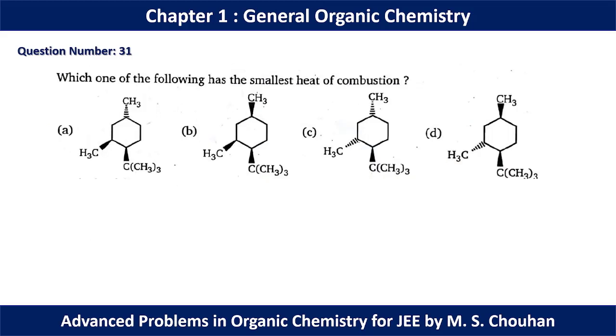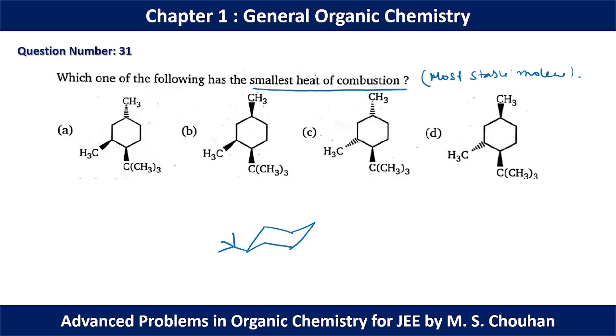For question number 31, which one of the following has the smallest heat of combustion? Okay, so the smallest heat of combustion implies the most stable molecule. If we go for conformational isomerism, we have already discussed in class that the tertiary butyl group should be placed at the equatorial position to overcome the 1,3-diaxial interaction.